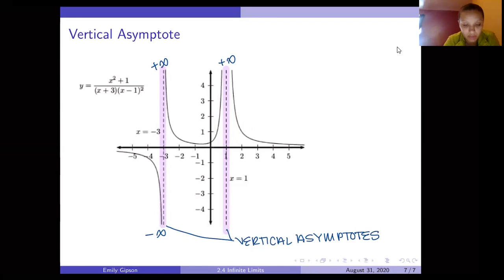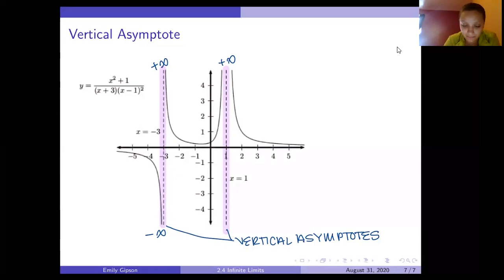But what are some other ways to find them? And the answer is, let's look at just the denominator. So if I were to plug in -3 into my denominator, I would get a divide by 0 error, right? I wouldn't be able to do it because we can't divide by 0. So that gives me a signal in my mind that says, oh, as I approach -3 from the right and the left, something funky is going to happen. I'm going to blow up and approach one of the infinities. So that gives me a clue that the roots of my denominator are where vertical asymptotes live.